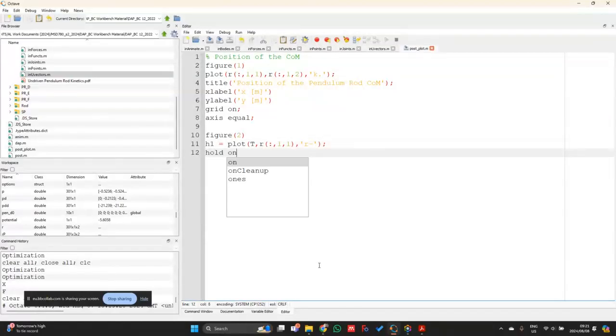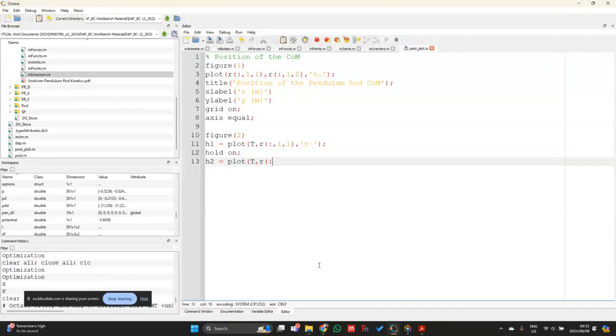Then I'm just going to say hold on. So that just makes sure that it doesn't plot this first function and then overwrite it with the second function that I want to plot. So then I'm just going to create my second handle, h2 equal to plot, t, and it will be r, all of the time steps for body 1 in the 2 direction. And let's say I want to use a blue line to denote that. Once that is done, I can just specify perhaps a legend to make it a bit easier.